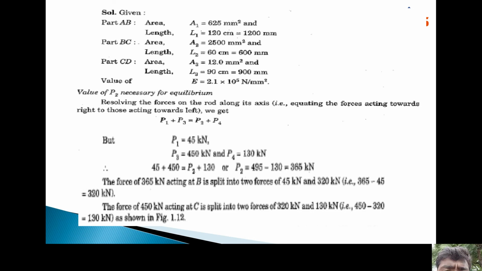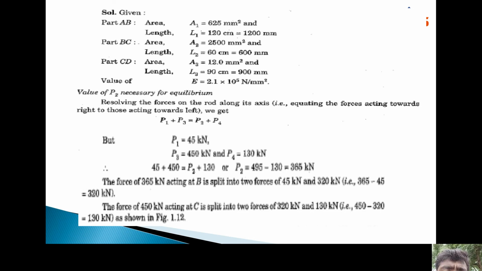Therefore 45 plus 450 equals P2 plus 130, so P2 is 365 kilonewtons. The force of 365 kilonewtons acting on B is split into two forces, 45 kilonewtons and 320 kilonewtons. 365 minus 45 equals 320.